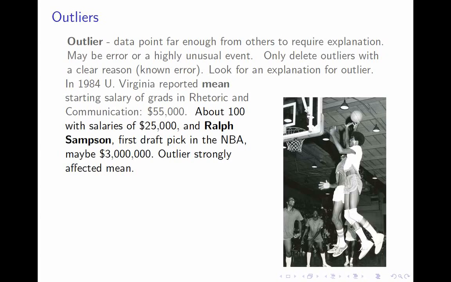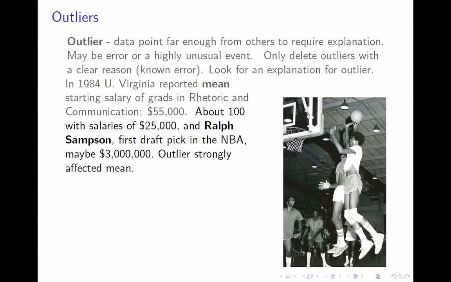What happened? Well, here's what happened. There were about 100 graduates that year, and most of them made salaries of around $25,000. That seems more in line with what you'd expect. But one of them was named Ralph Sampson, who you may remember, if you're into this sort of thing, was the first draft pick in the NBA and made something like $3 million.